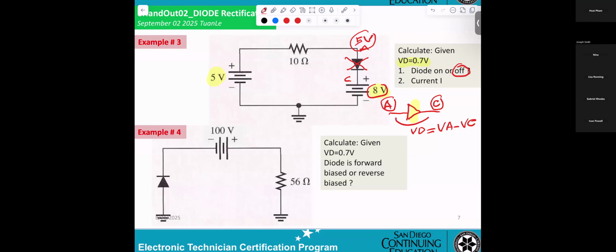Current I flows here, what is I? Zero. The thing is, the diode is off, so it is open. No current flowing.